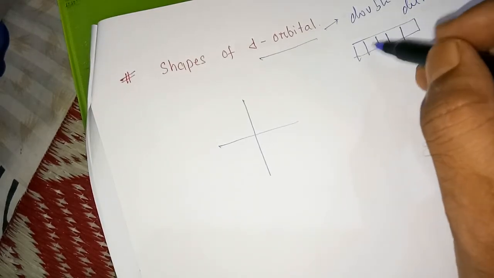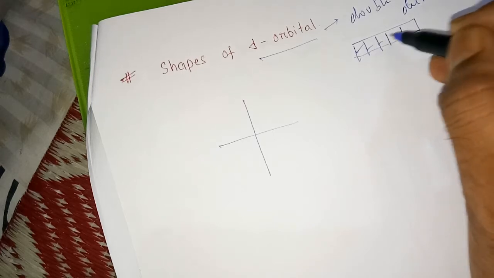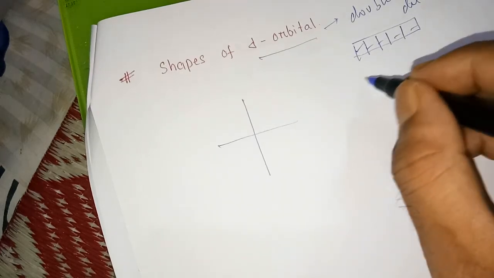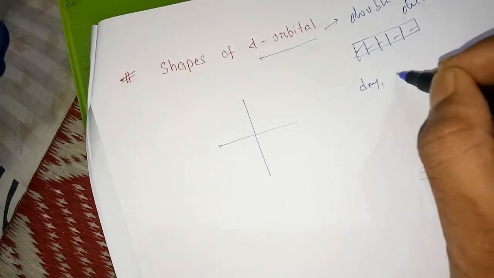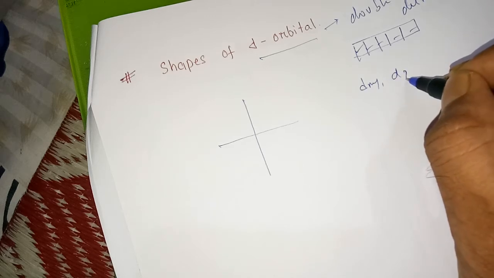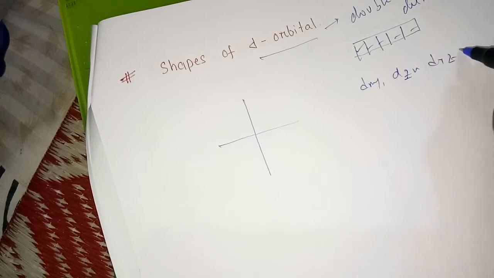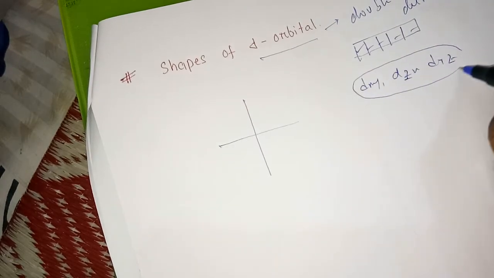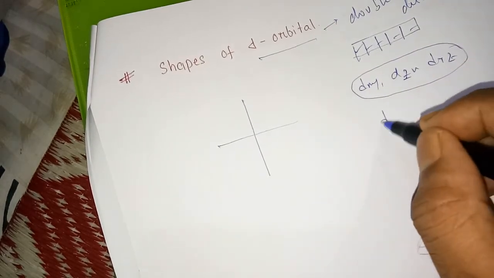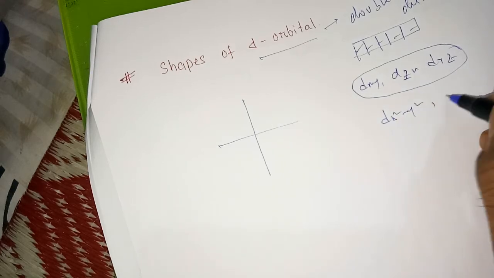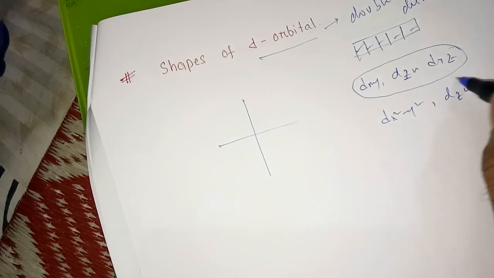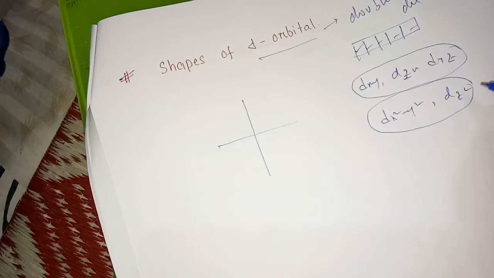So we have 5 orbitals: dxy, dzx, dyz. These are in between the axes, and dx square minus y square and dz square are on the axis.